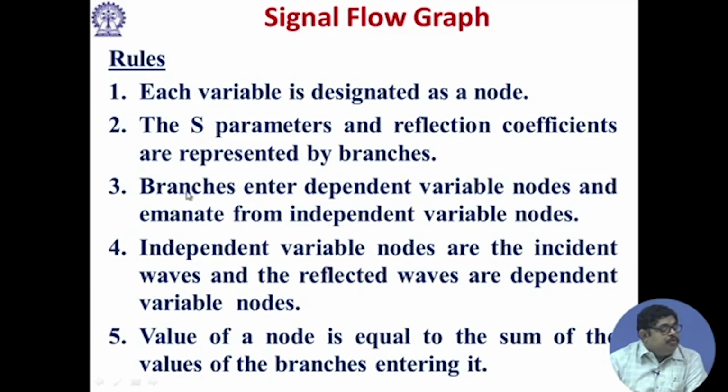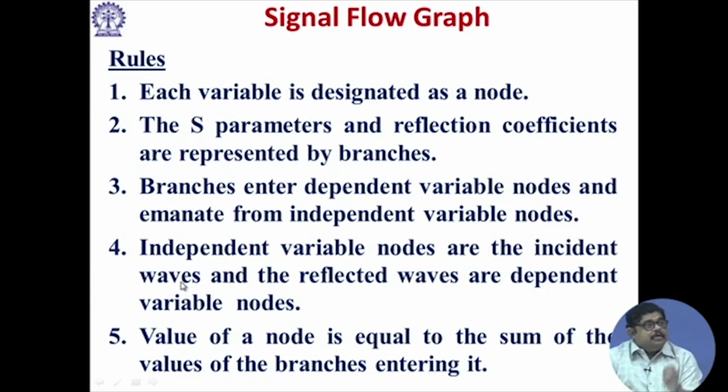So, obviously, branches enter a dependent variable node and emanate from an independent variable node, which behaves as a source of the wave etcetera. Independent variable nodes are the incident waves.